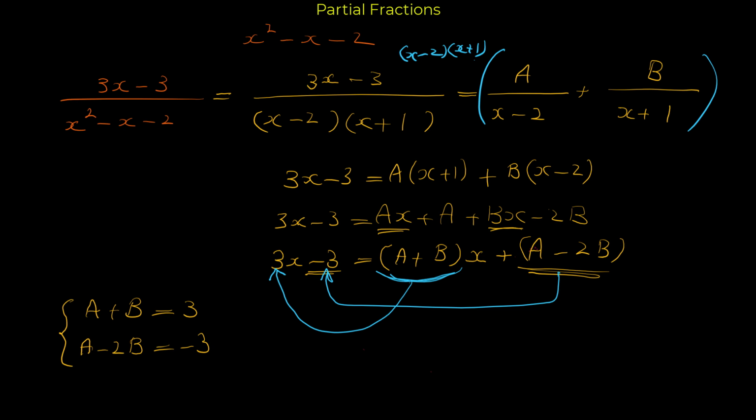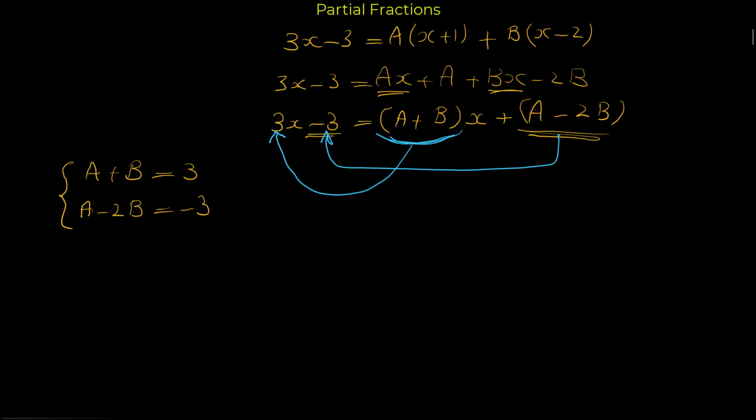For finding a and b, you can use the elimination method or the substitution method. It's completely up to you which method to use to solve this system of equations. Here I use the elimination method.